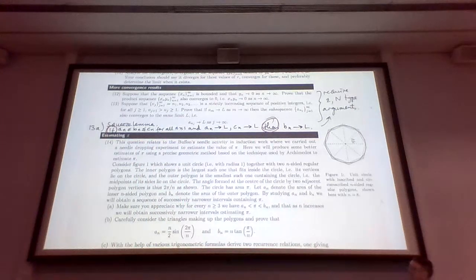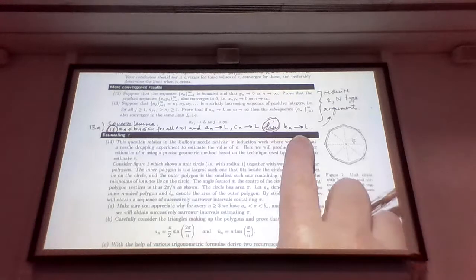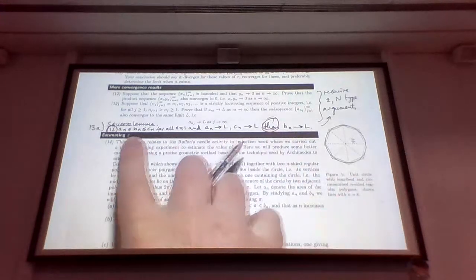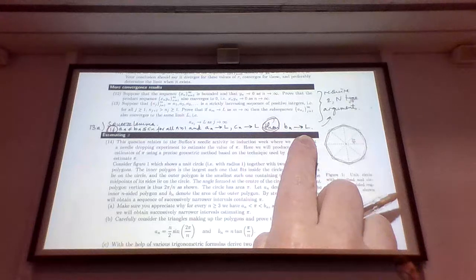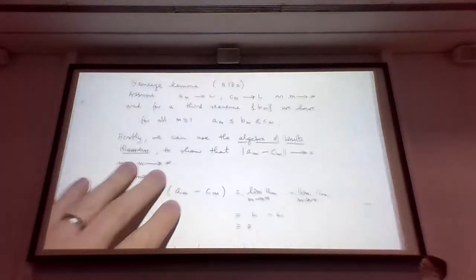Those are the conditions. If we know that we've got two convergent sequences, An and Cn, both convergent to the same thing, and in addition they are always lower and upper bounding the elements Bn from a third sequence, then the conclusion is that this third sequence Bn has to converge to L because it's being squeezed by the other two. So that's the goal in all of this. You use these facts to prove the conclusion, and that's how we structured it.